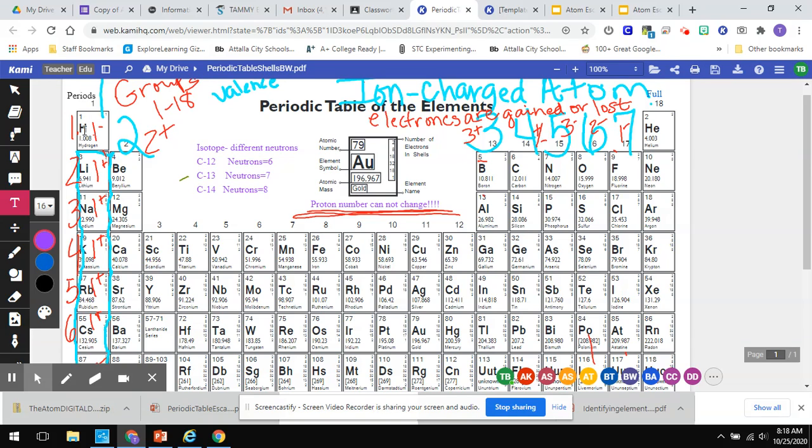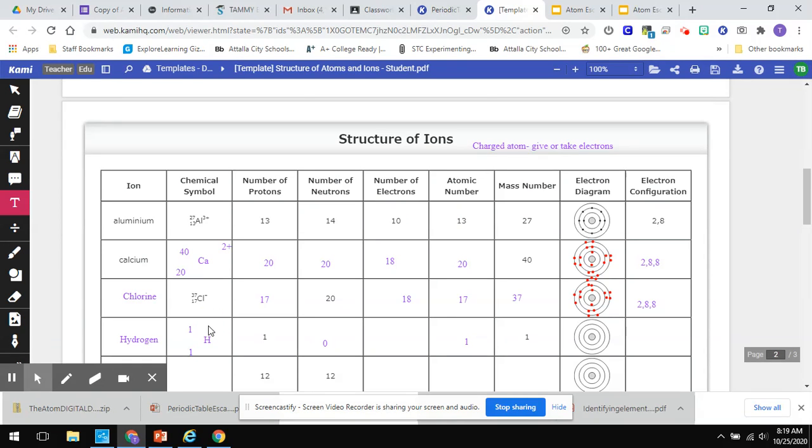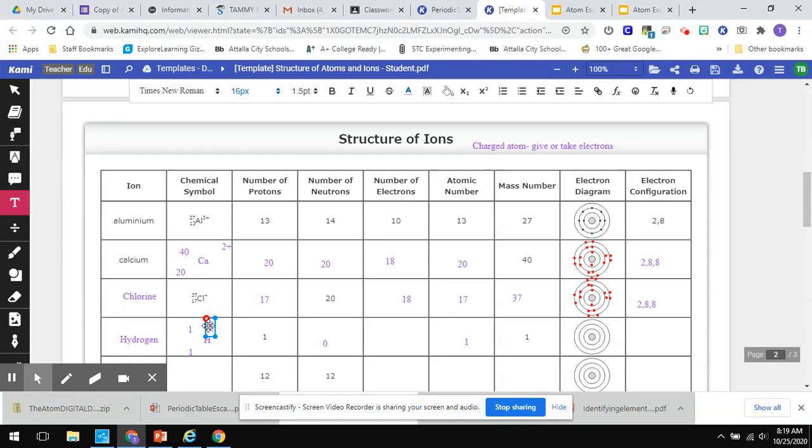But hydrogen doesn't fit the rules of group 1, other than the fact that it has 1 valence. It's a nonmetal, and these are all metals. But hydrogen with only 1 proton and 1 electron means that it just has 1 orbital. And the first orbital is full with 2 electrons on it. So hydrogen is going to take an electron so that it can fill its outermost orbital. So hydrogen is going to have a 1 minus charge.